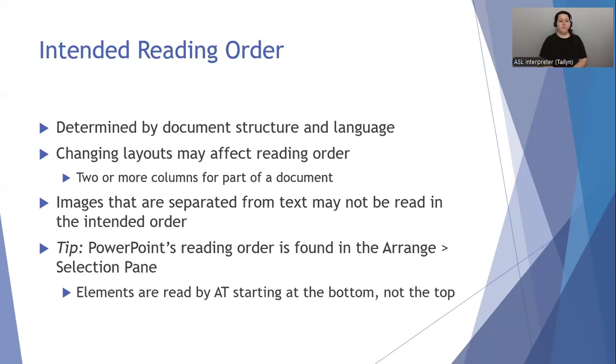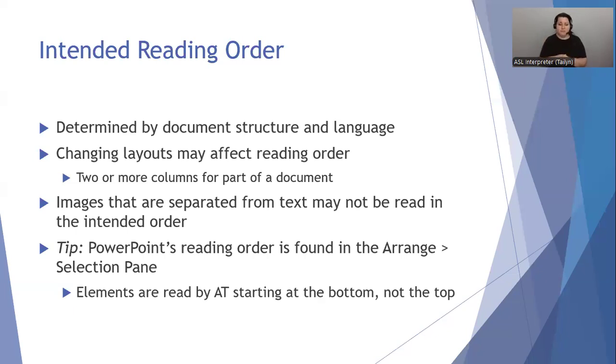Now, intended reading order. The structure helps determine this, and the language that you put it in also determines kind of how you would read it. For English, that's left to right, top to bottom. Depending on if you are writing in another language for whatever reason, if you're sending this to a constituent who uses another primary language, then you would need to determine how they intend to read it.